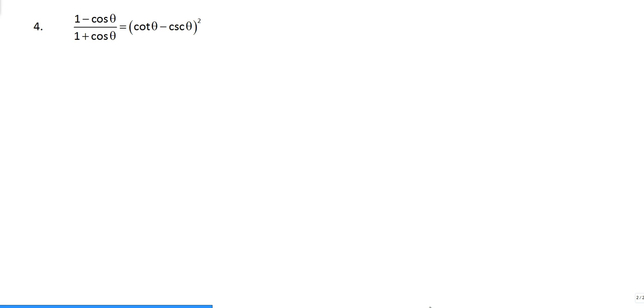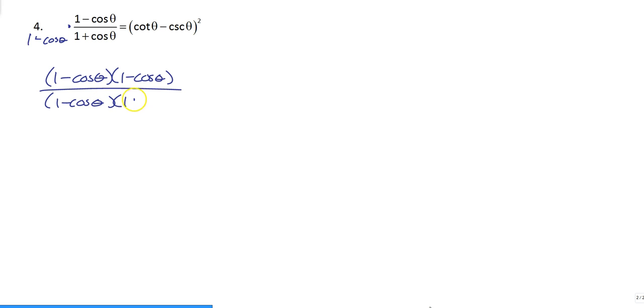My way is I'm going to multiply the top and bottom by 1 minus cosine theta. I'm going to do that to both the top and bottom. So we're going to have 1 minus cosine theta times 1 minus cosine theta all over 1 minus cosine theta times 1 plus cosine theta. And that's equal to our cotangent theta minus cosecant theta squared.